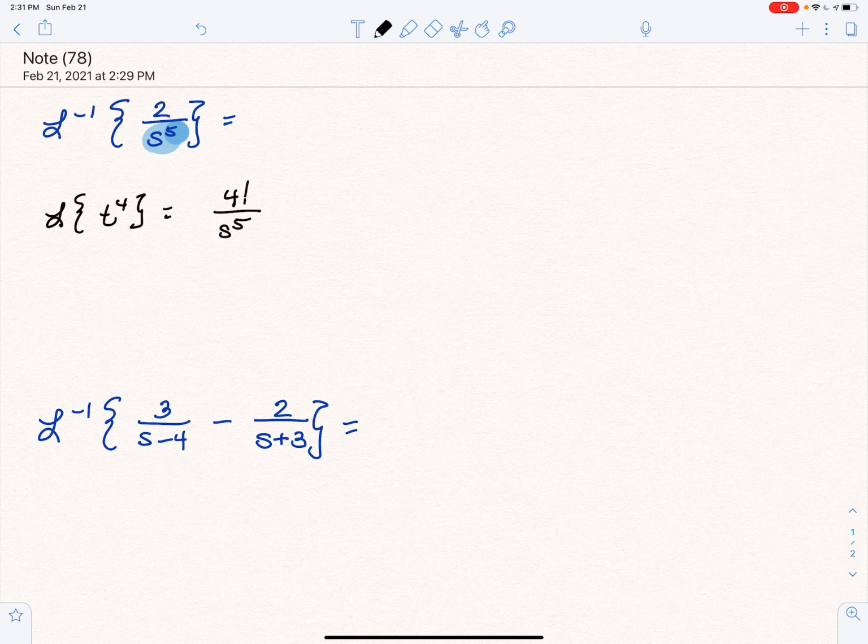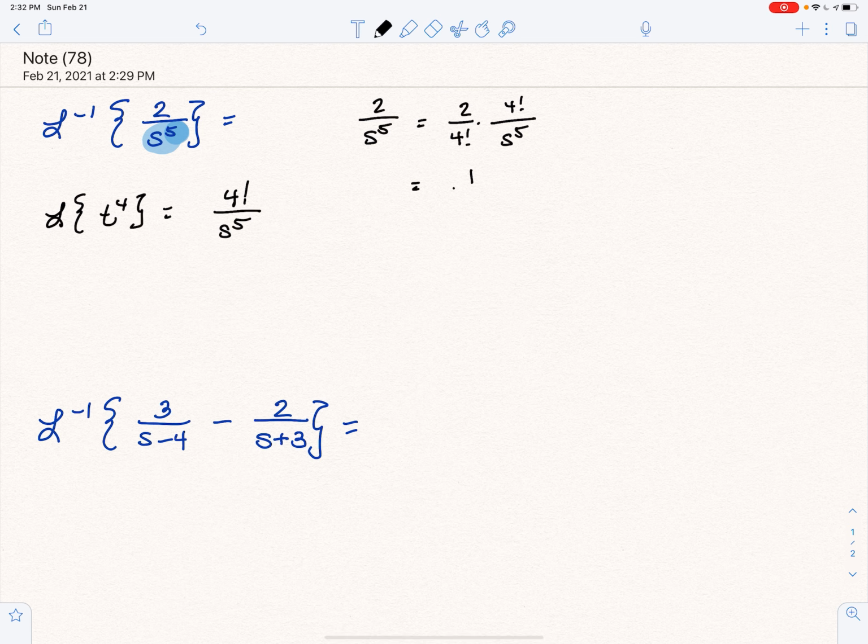So what is that? Well, what we have to do is rewrite 2 over s to the fifth as something with 4 factorial over s to the fifth, so I know to go back to t to the fourth. And since I have the 2 already, I'm going to basically multiply by 2 over 4 factorial.